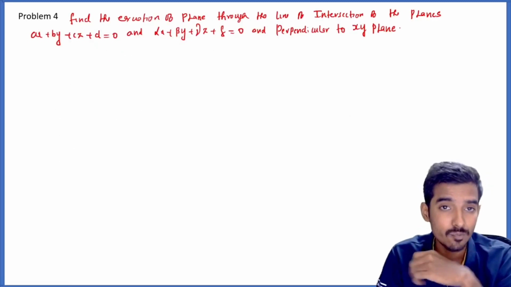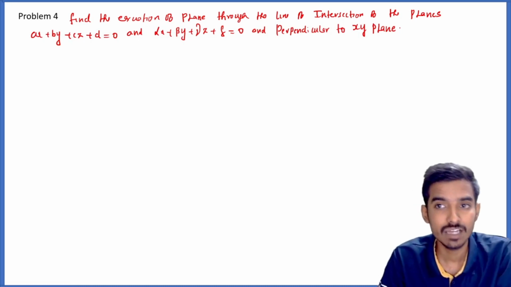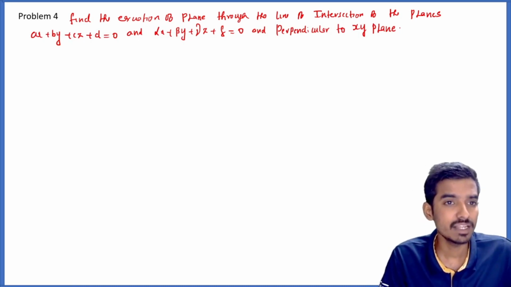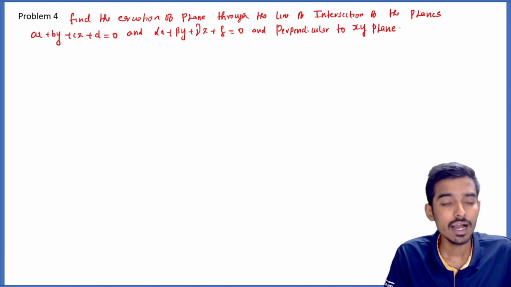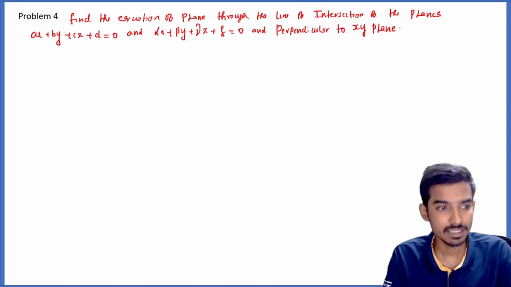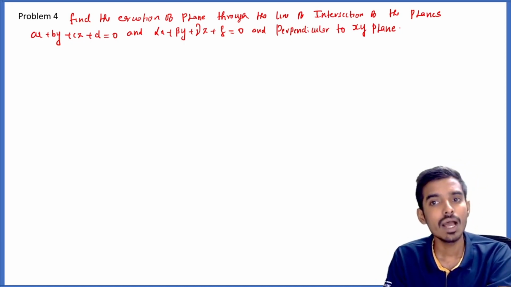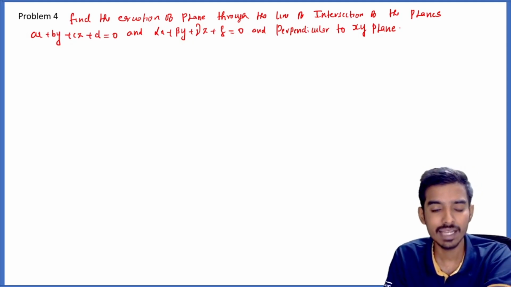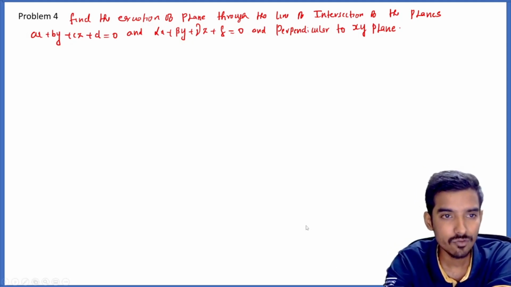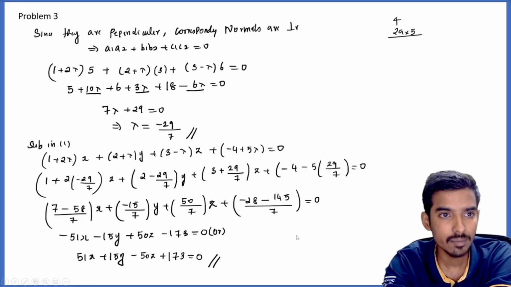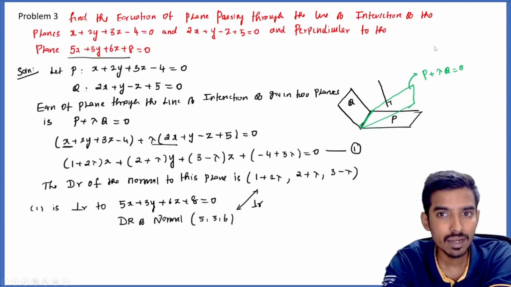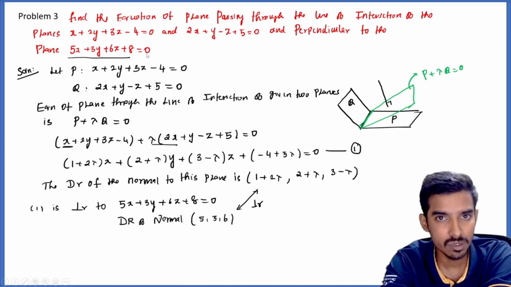Find an equation of the plane through the line of intersection of the planes ax plus by plus cz plus d equal to 0 and alpha x plus beta y plus gamma z plus delta equal to 0 and perpendicular to the xy plane, right? Actually, problems number 3 and 4 are the same. In problem number 3, they have given that it is perpendicular to 5x plus 3y plus 6z plus 8 equal to 0.